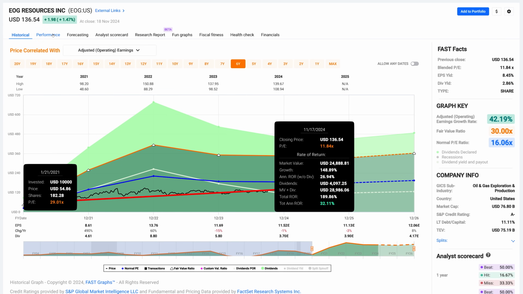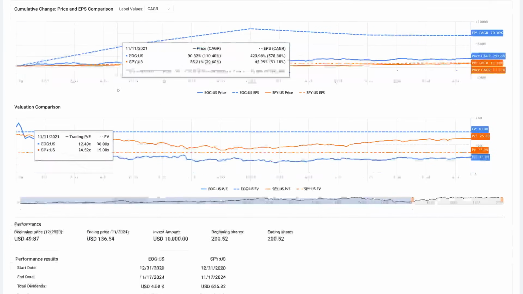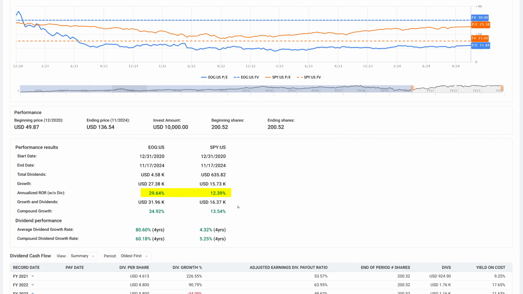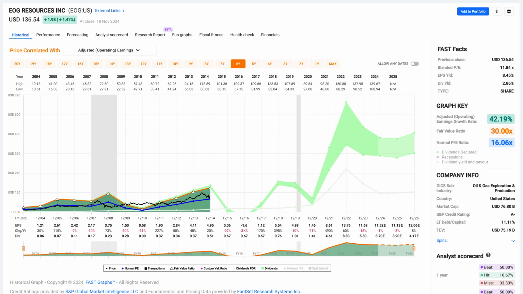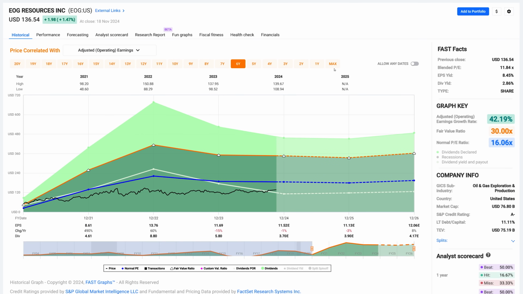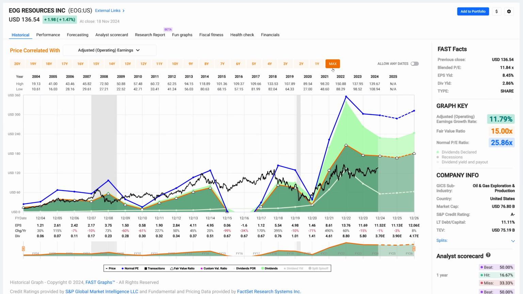And so if I looked at performance over just the last several years, it dramatically outperformed the S&P 500 during a time when the S&P 500 performed extremely well. And again, dividends were 4.58 thousand versus 635. So we're looking at 4 or 5 times as much dividend income over this period of time. Once again, the oil and gas sector is a very difficult sector to be a long-term investor in.